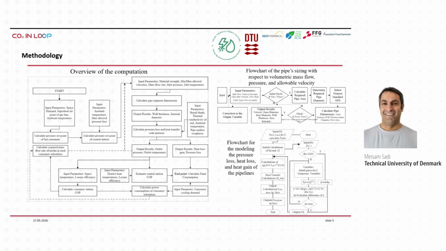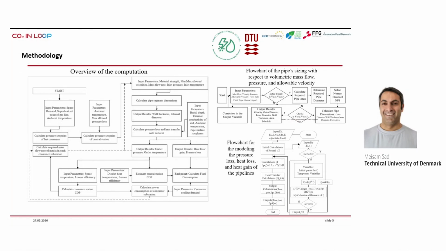We also take into account the amount of heat transfer between the pipes and the ambient through the soil, and the thermal conductivity of the soil, considering the friction of the fluid inside the pipes as a function of the Reynolds number and the relative roughness.